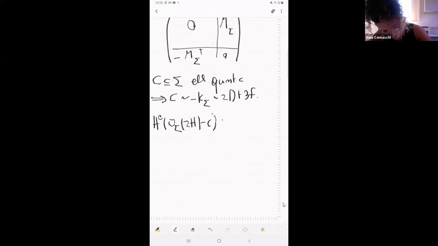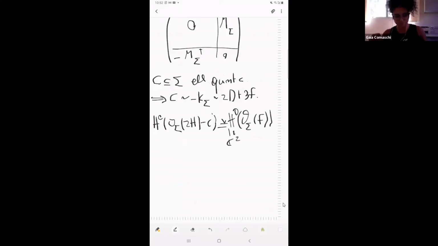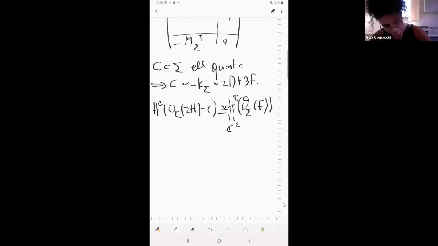And this is exactly this vector space. And it has dimension 2 because it is parameterized by the directrix of the scroll.